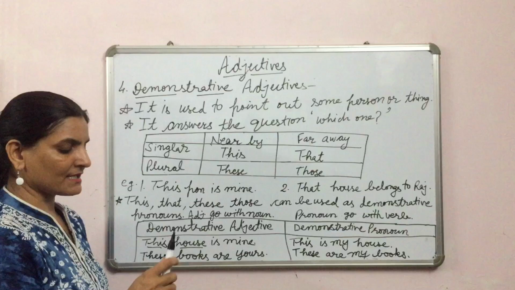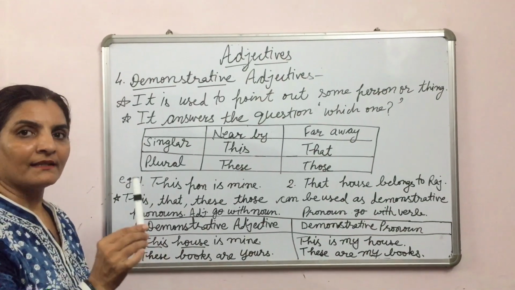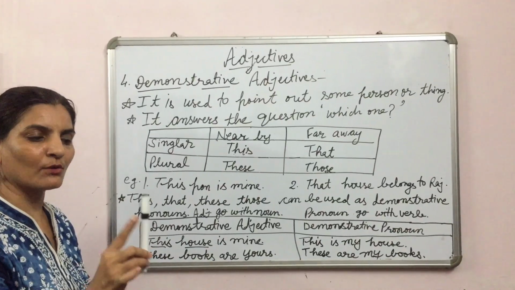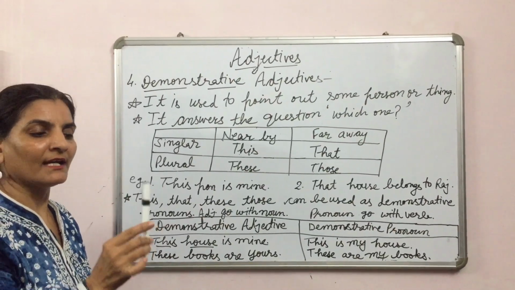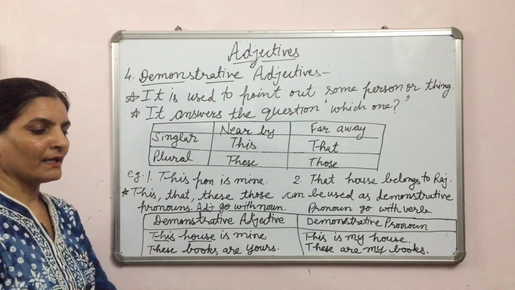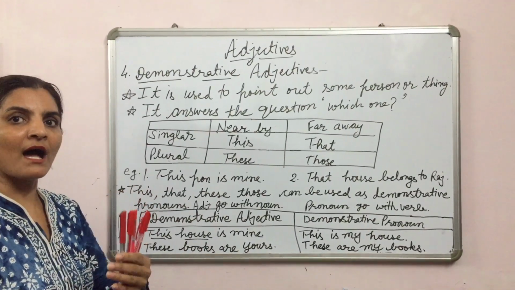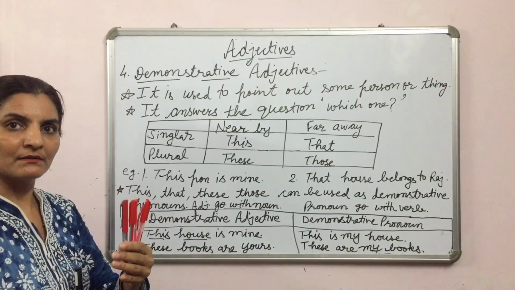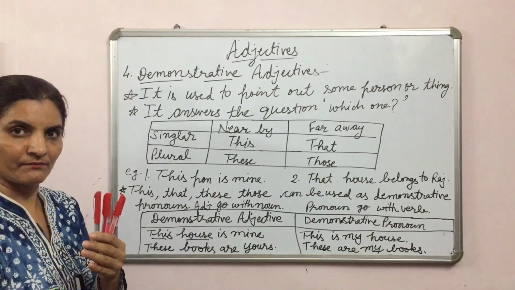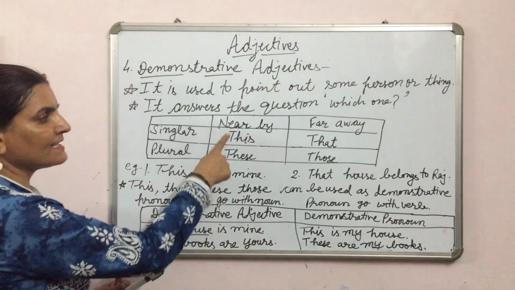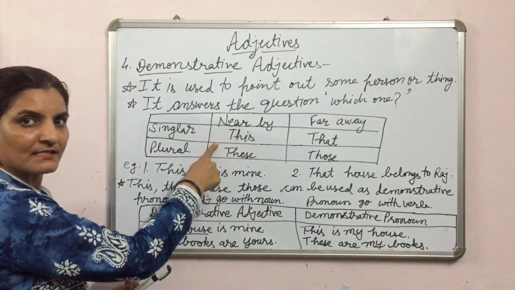Let me give you an example. This pen is mine. It is singular, so we have used here this. This pen is mine and it is near also. These pens are mine. These are plural and near by. So we have used this and these.